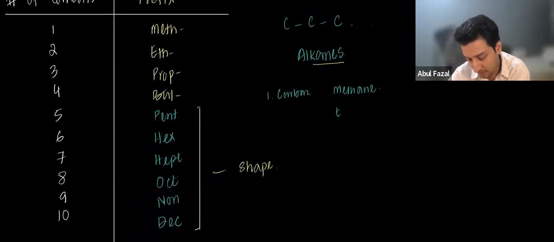Then you have ethane. Then you have, let's actually move it here. So let's draw the first six hydrocarbons. Which is methane, ethane. You guys can start. We've already made these two.